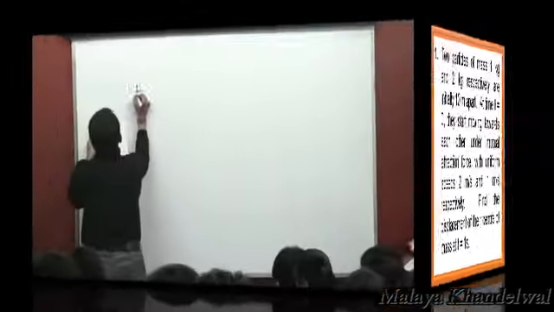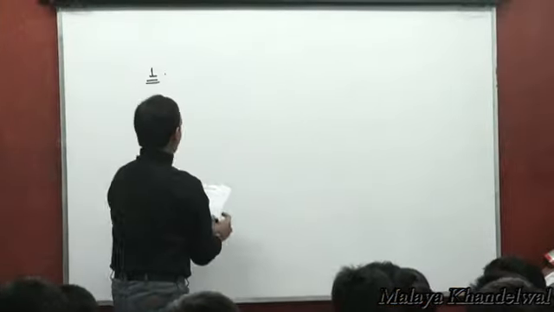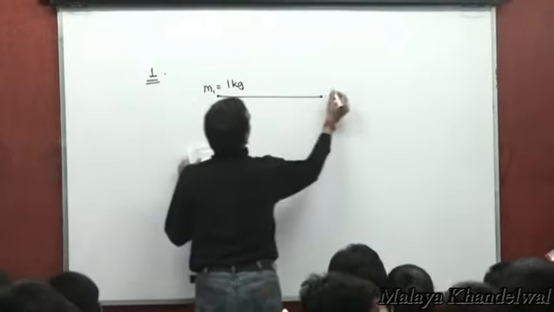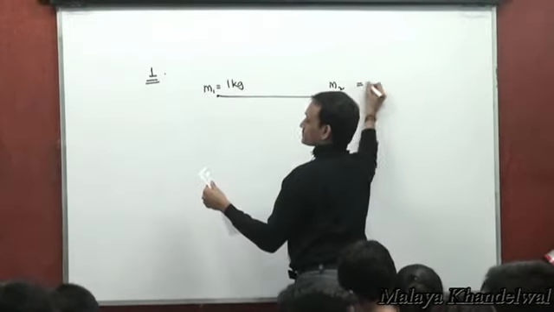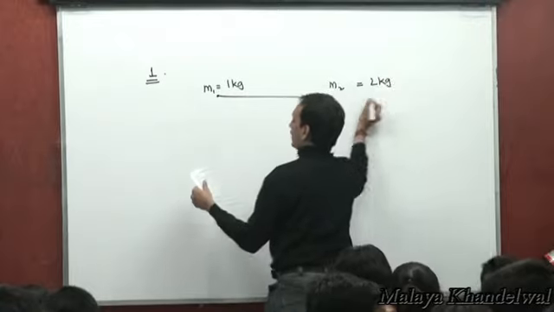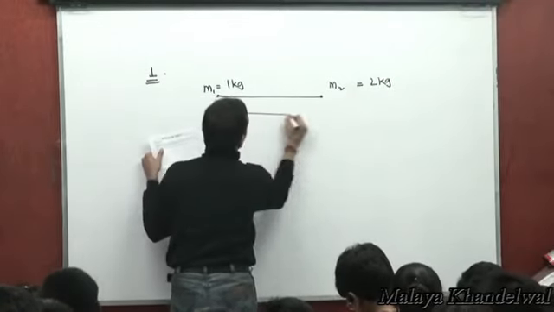So problem 1: two particles of mass 1 kg and 2 kg, m1 is 1 kg, m2 is 2 kg, are initially 10 meters apart.